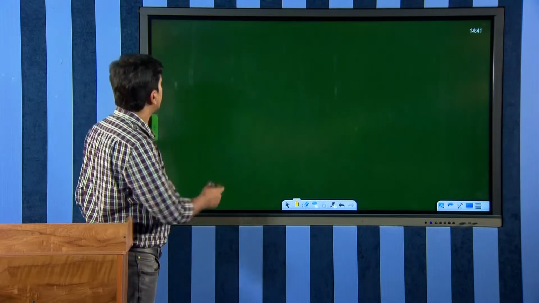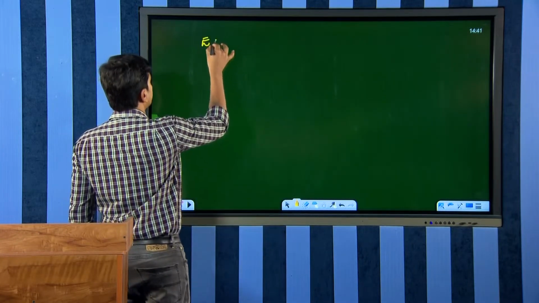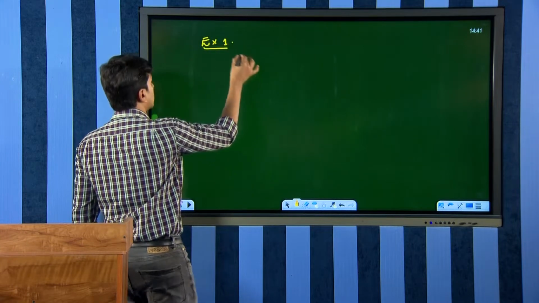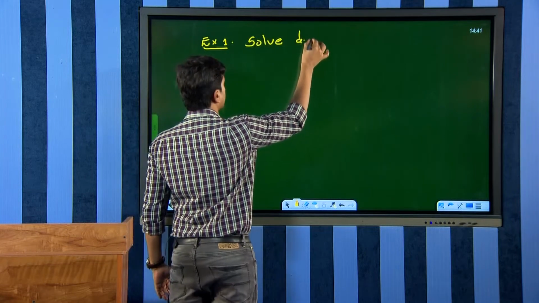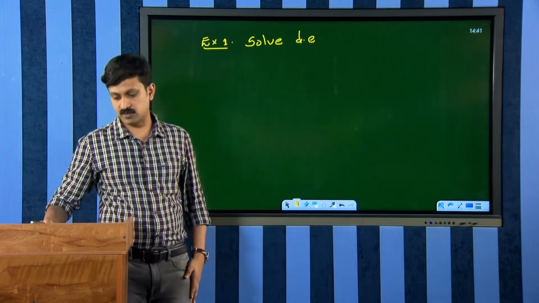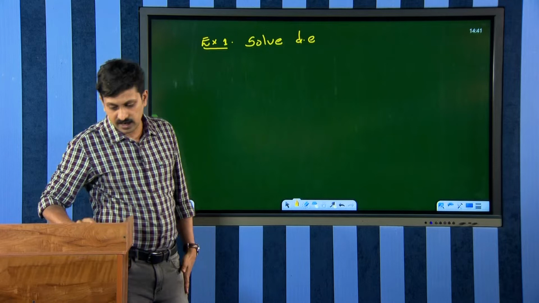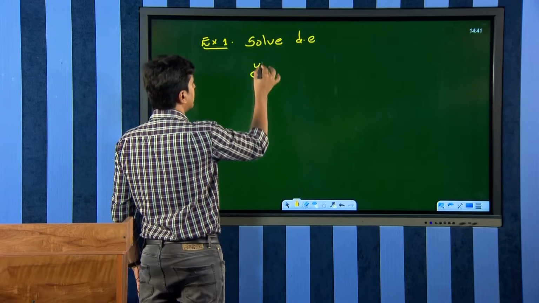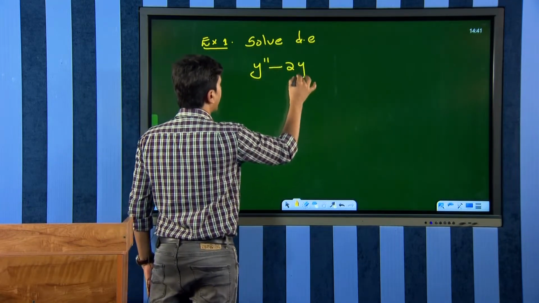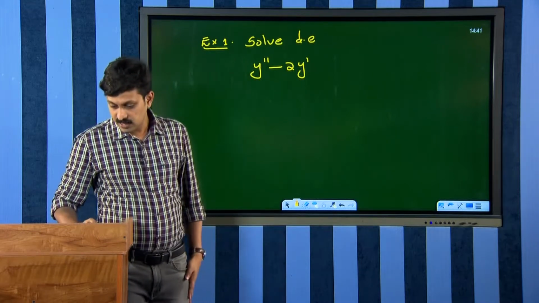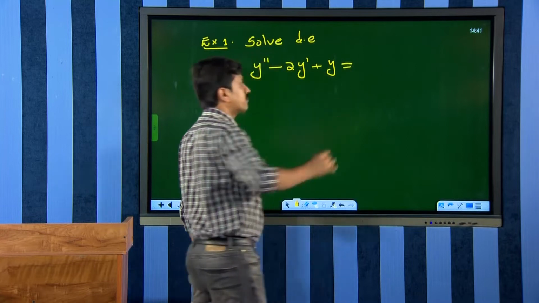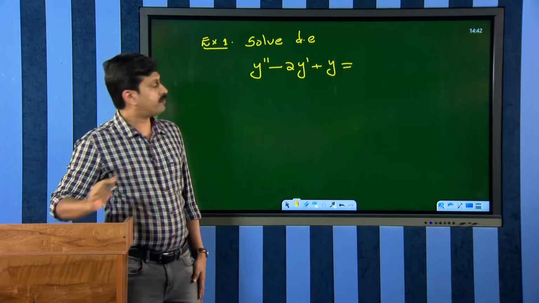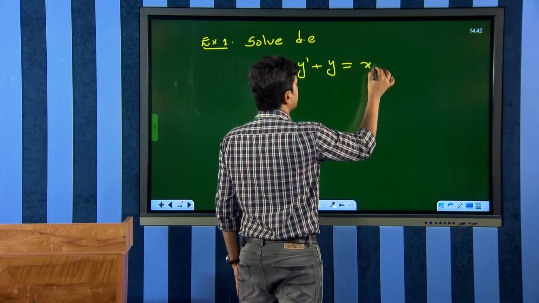So, dear students, come to the next example. In this example we solve the non-homogeneous differential equation y double dash minus 2y dash plus y is equal to x plus e raised to x.